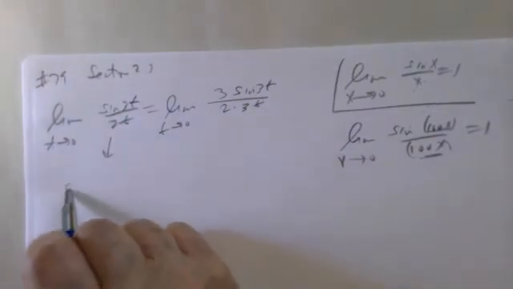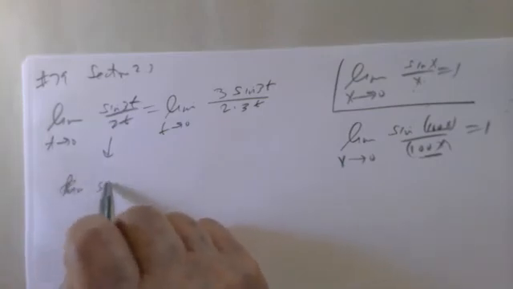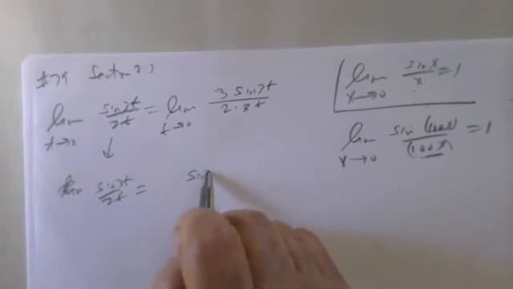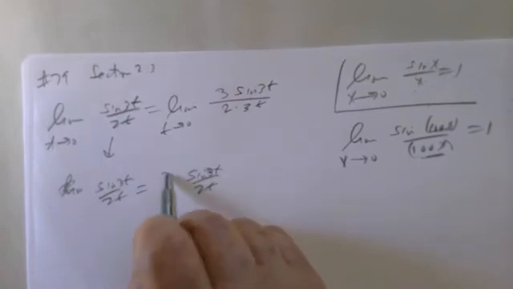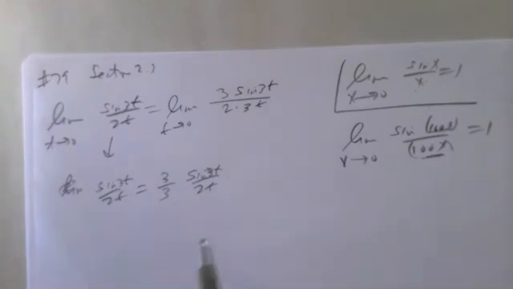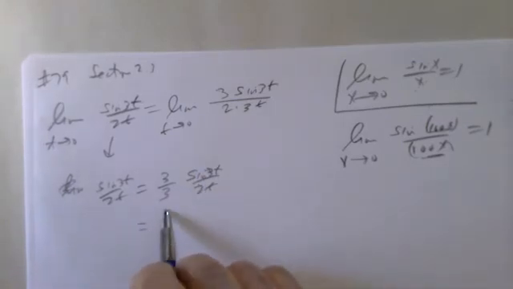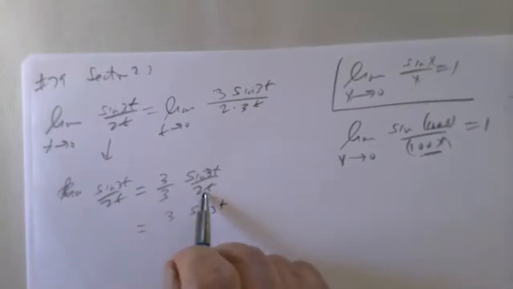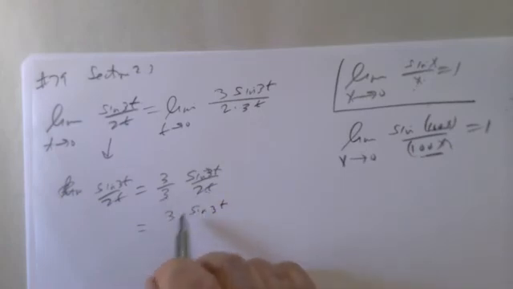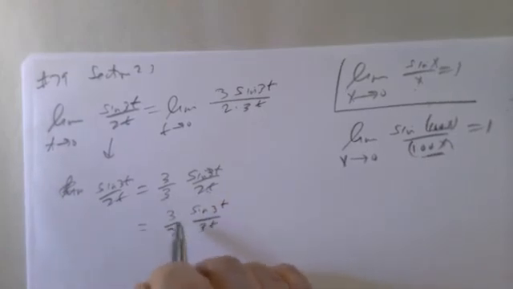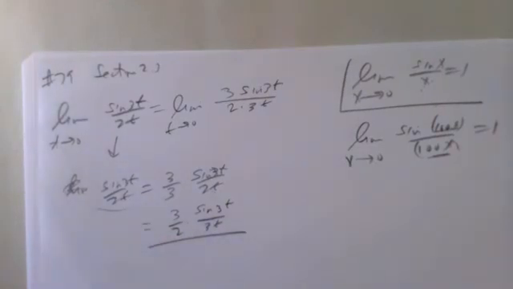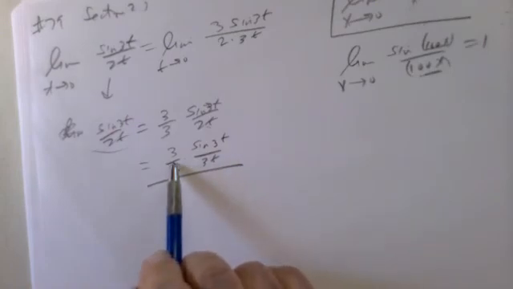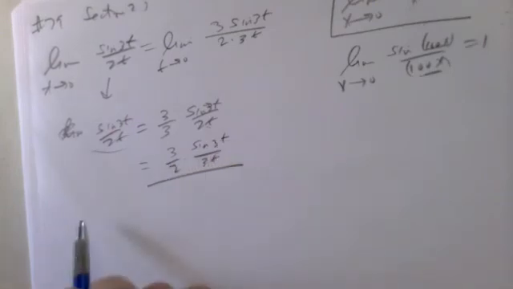That is, I take sine 3t over 2t, which is the same as sine 3t over 2t times 3 over 3. That's just multiplying by 1. This is 3 sine 3t. 3 times 2 is 6, is 2 times 3. So these are exactly the same. But now I have a constant 3/2 times sine 3t over 3t.